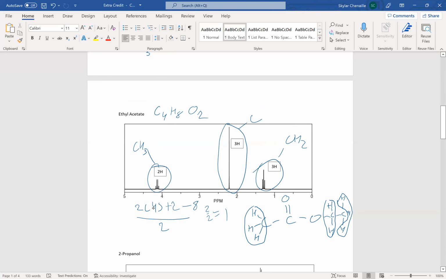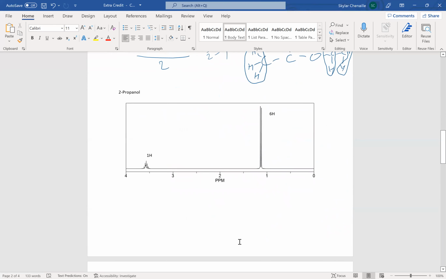Well, this carbon right here is making not only 1 bond to an electronegative, but 2, technically 3, because it has a double bond and a single, but it's next to 2 of them. So that's going to push this far over here. That's why it's even past 4 ppm. And if we look at this one right here, this is corresponding to this one. And the reason that it's even over here, even though it's not directly connected, is because it's closer to that. So it's still above 2.